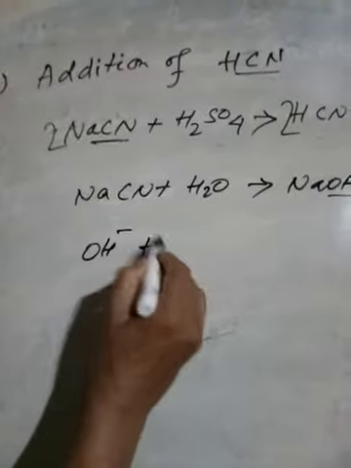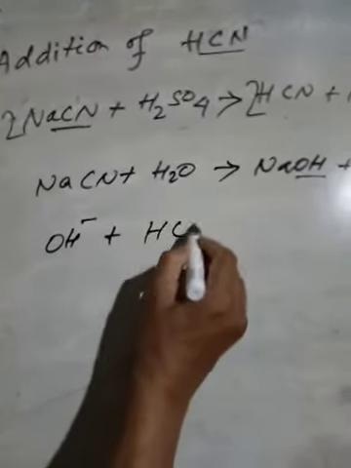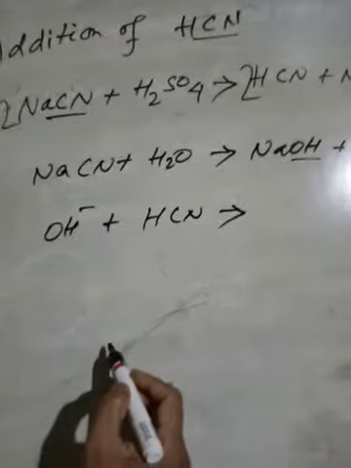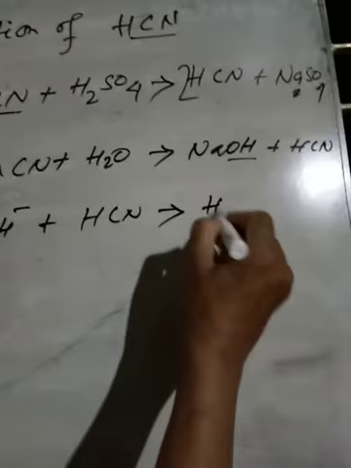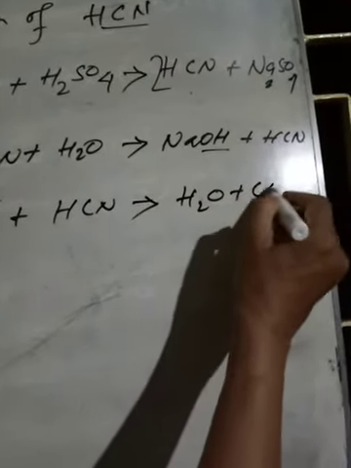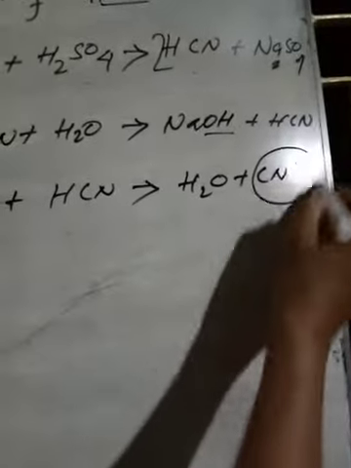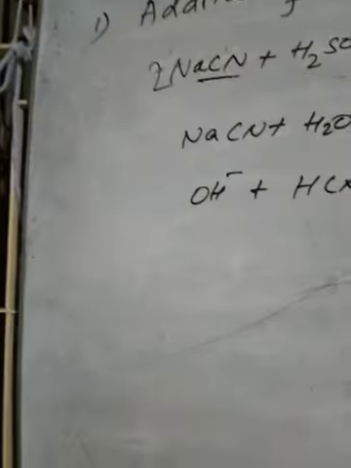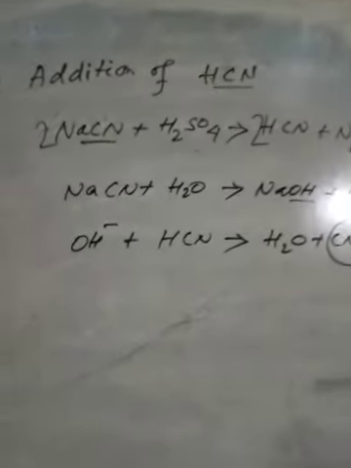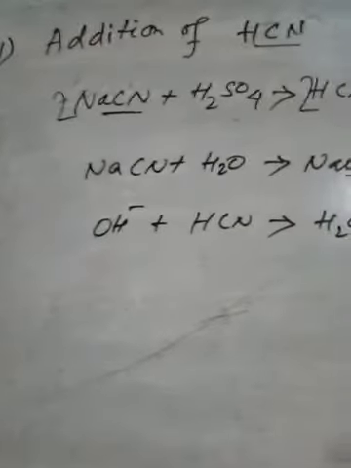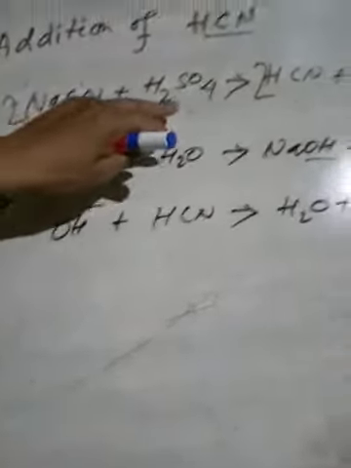This OH minus will react with HCN, hydrogen cyanide, forming H2O plus CN minus. Nucleophile will also be obtained by this reaction. So this nucleophile will help to increase the product. So in case of addition reaction of HCN, we will take NaCN plus H2O mixture or HCl mixture.